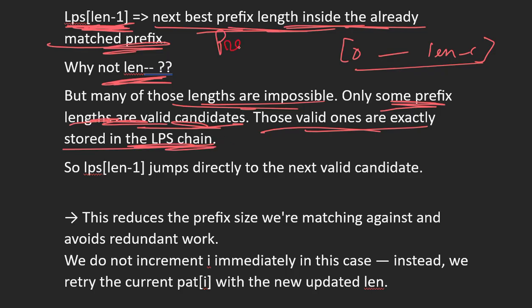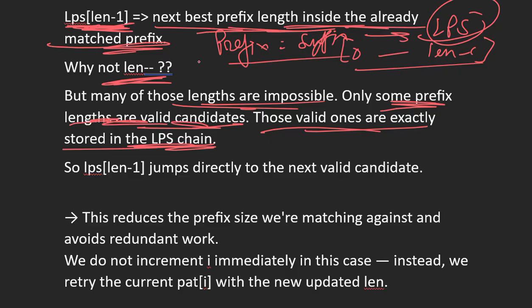As we know, we have matched prefix equal to suffix, and that is the value we are storing in LPS, right? So instead of randomly using any length, we see which prefix and suffix we have already matched, so that we can check whether it is possible to extend them further.